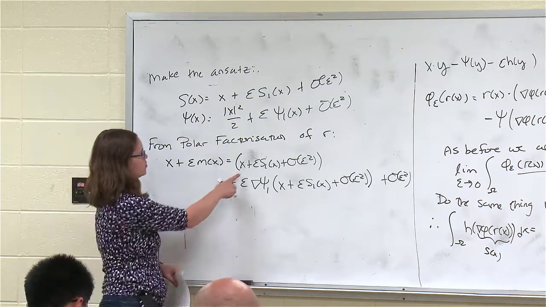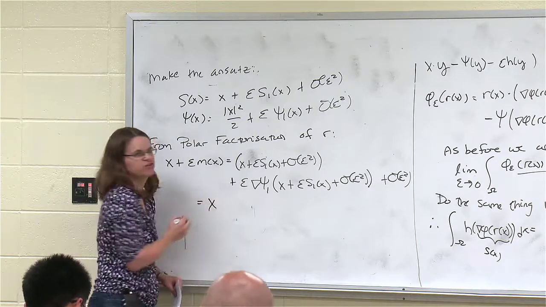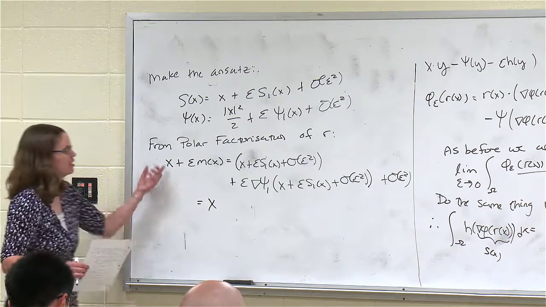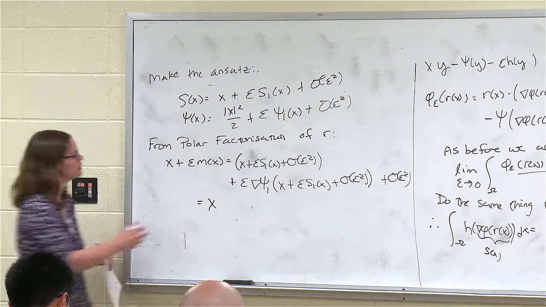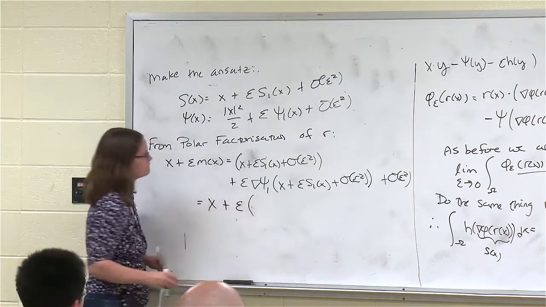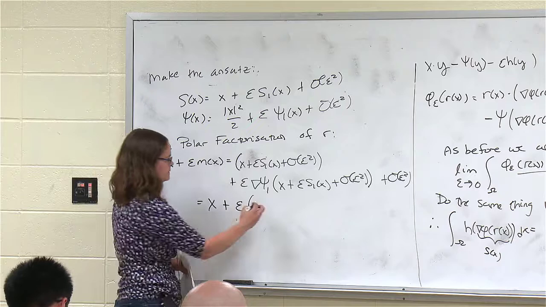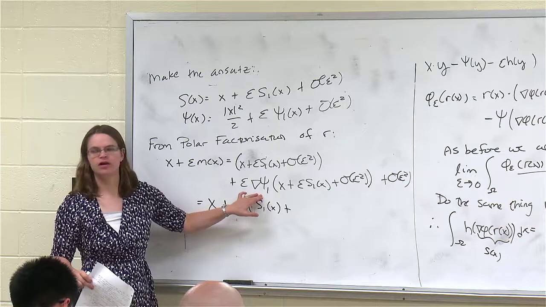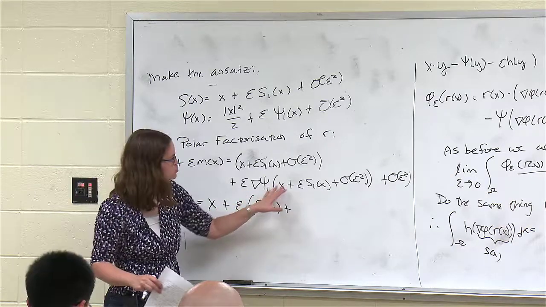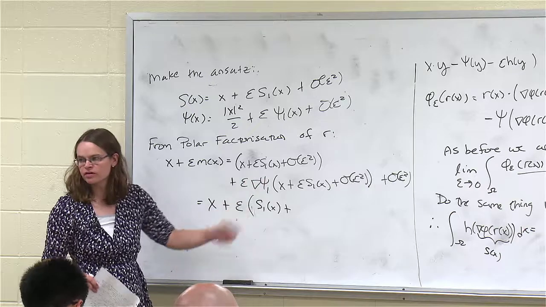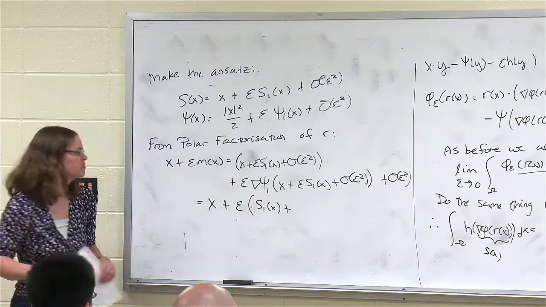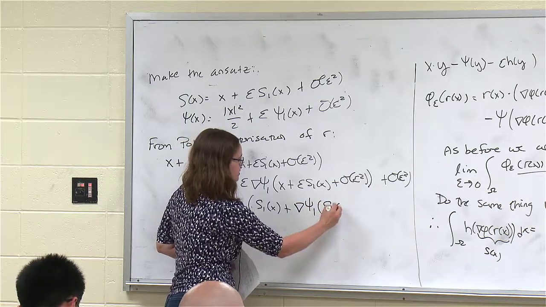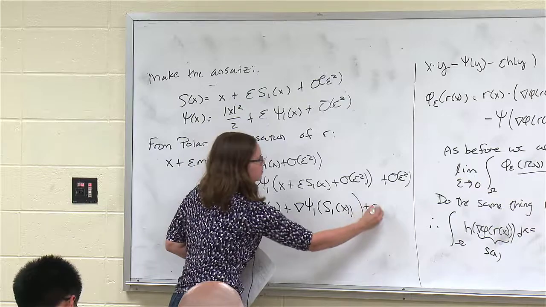Okay, so we can simplify this a bit. I'll take my order 1 terms. That's just the identity. That's good. That's what we should have coming out as our order 1 term, because we've already assumed that. We're going to have our order epsilon terms. So here I have an S1. Okay, here I have epsilon times C1 of all of this. Okay, so if this is a nice differentiable function, everything's nice, I should get gradient of C1 evaluated at x, plus higher order terms.